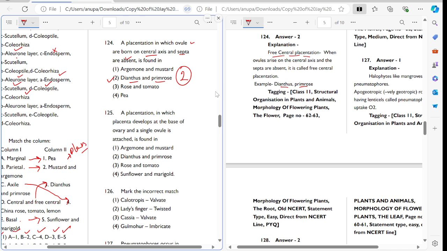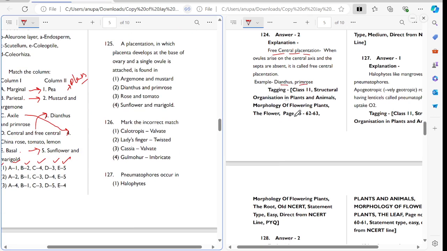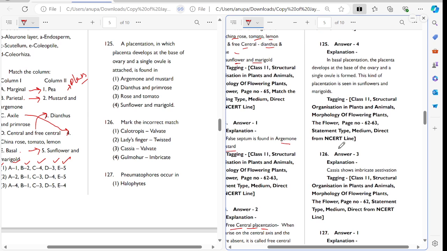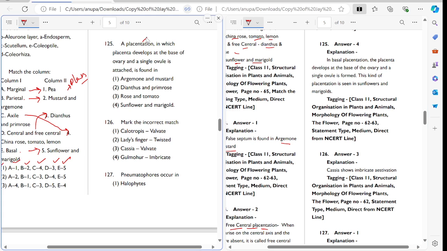Now let's move to the next question, that is question number 125. This is also a question based on placentation. It says a placentation in which the placenta develops at the base of the ovary and a single ovule is attached is found in. Here different names of plants are given in the options, and we have to find in which plant this type of placentation is found.